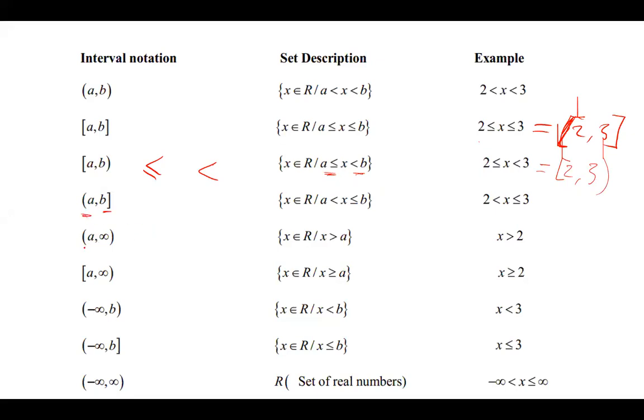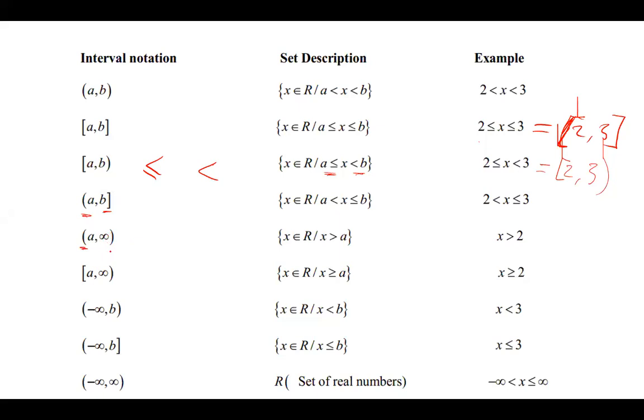And then on this one, A is not part of the set. This ranges from A to positive infinity, but A is not part of the set. So it's just numbers between A and positive infinity.